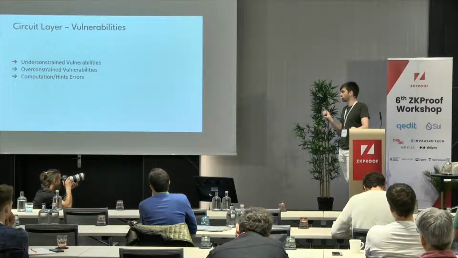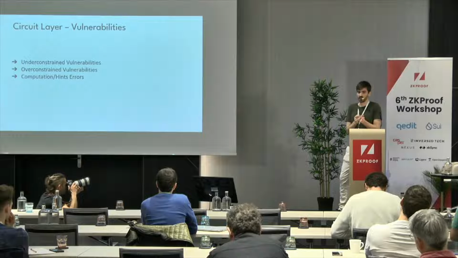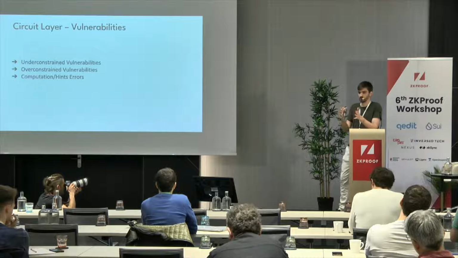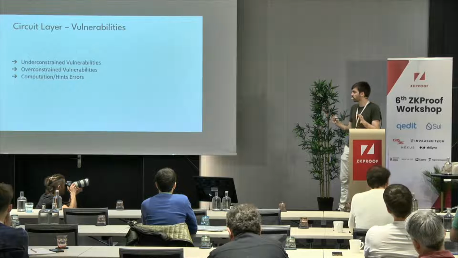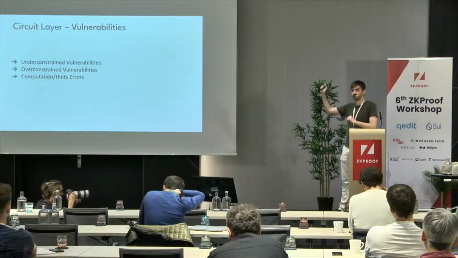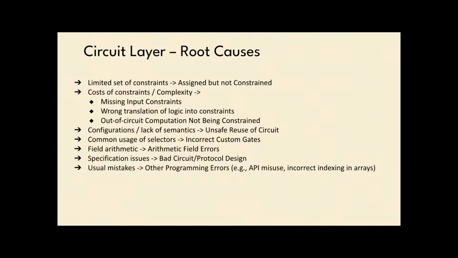And then we have computational hints errors, which is the case where basically the way you compute things is wrong. That could lead to both soundness and completeness issues, and it's more like logic bugs in the code the circuit is written in.